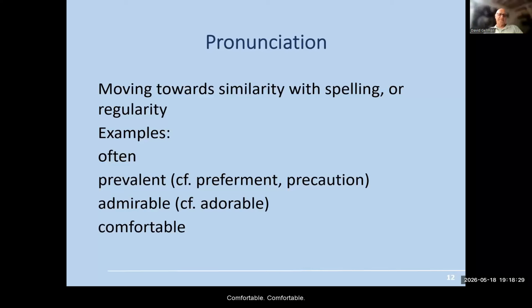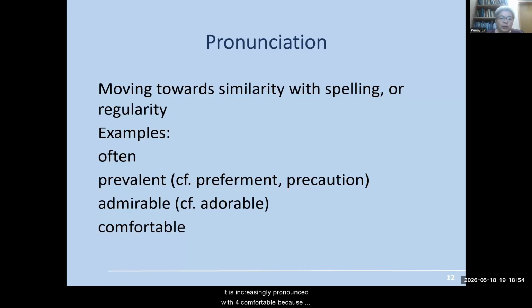Comfortable. How many syllables does it have? Four. Three. Four. Okay. I naturally would give it three. Comfortable.